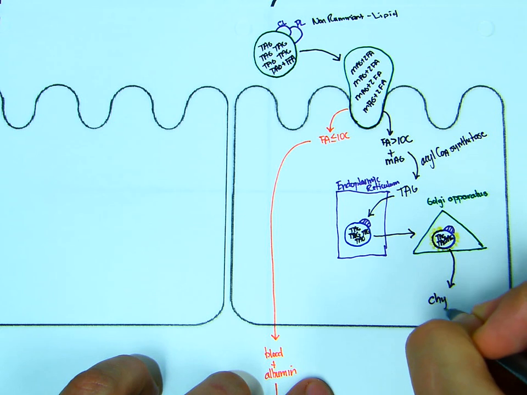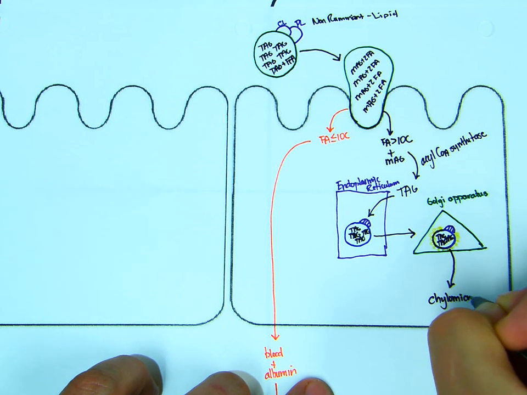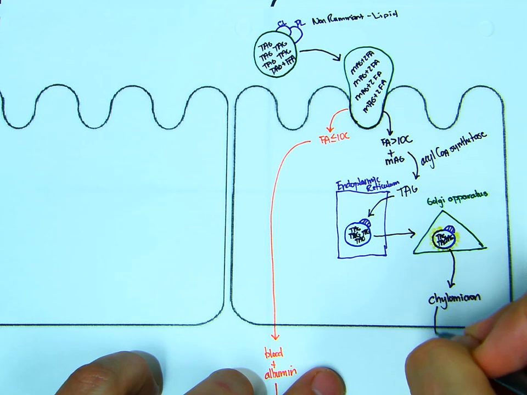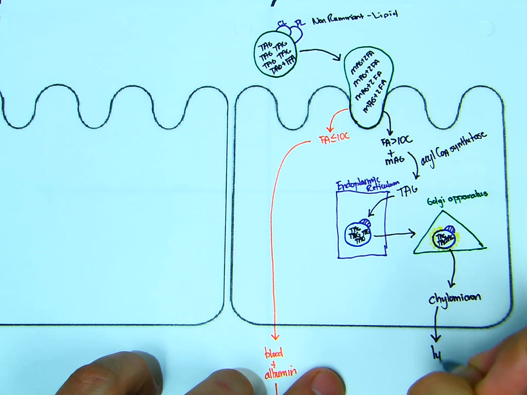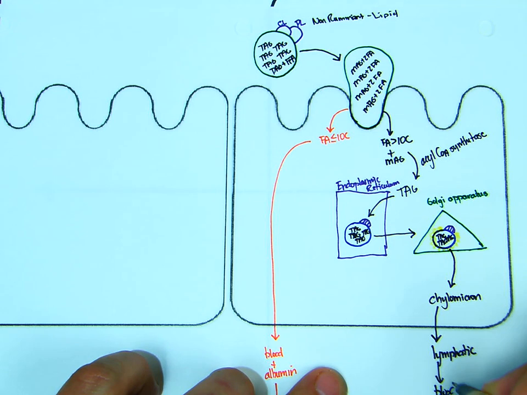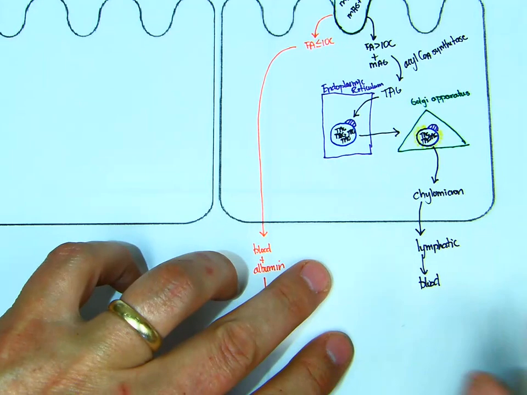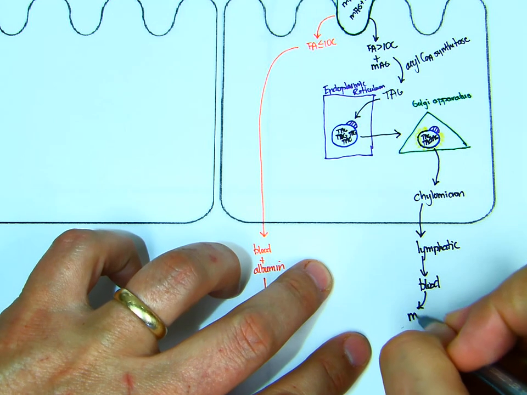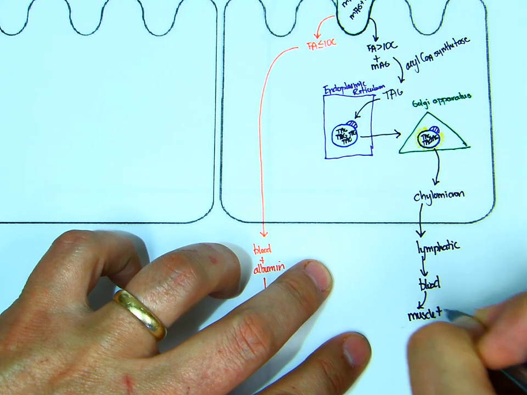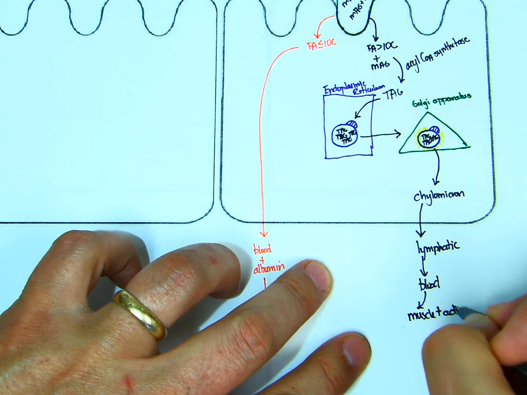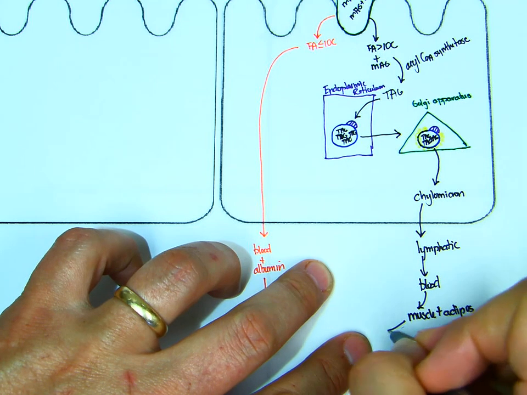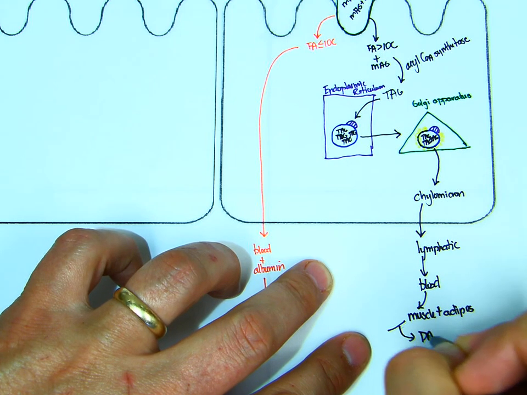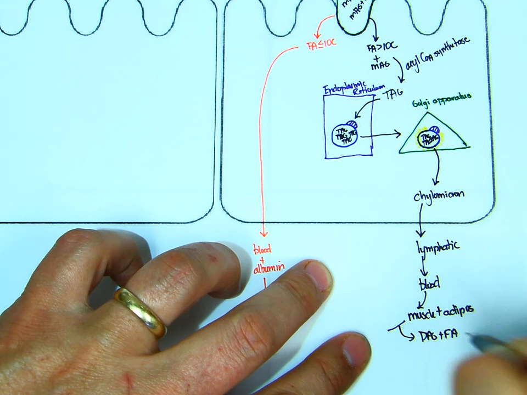Which goes to the lymphatic, which goes to the blood, which goes to the muscle, plus adipose. And what we're going to lose is DAG plus the fatty acid.